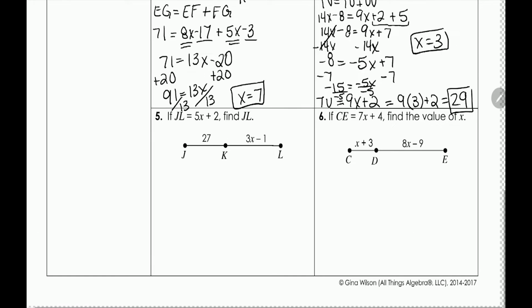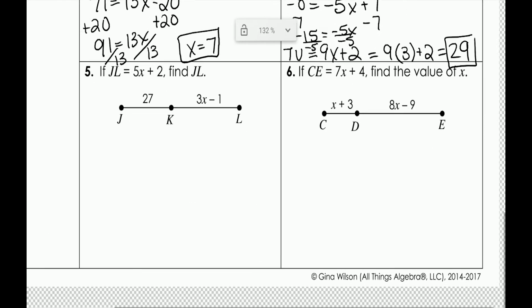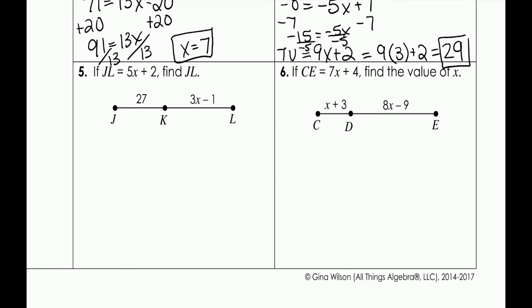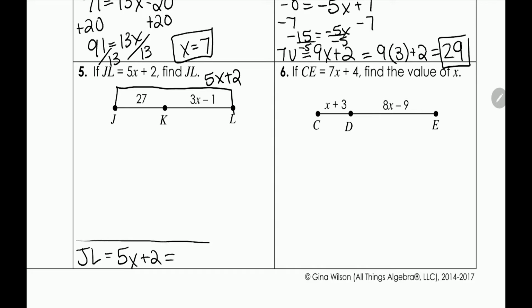So if we look at number 5 now, it says if JL, so from J to L, the entire thing here, is 5x plus 2, we're looking for the length of JL. So we can go ahead and write down here that JL is 5x plus 2, and then we're going to solve that at the end. I'll mark off some space for it.